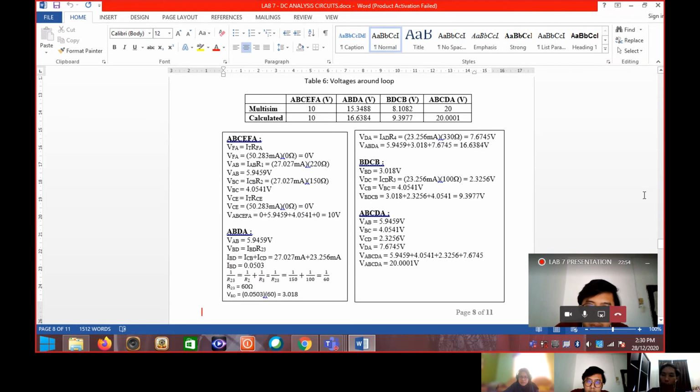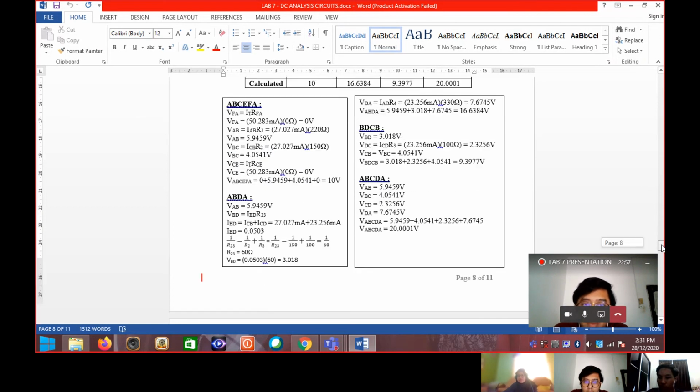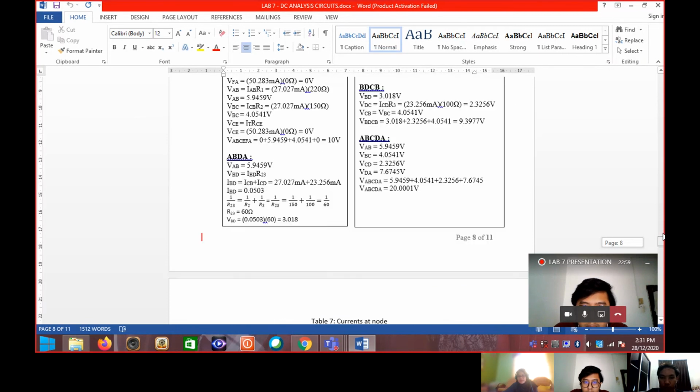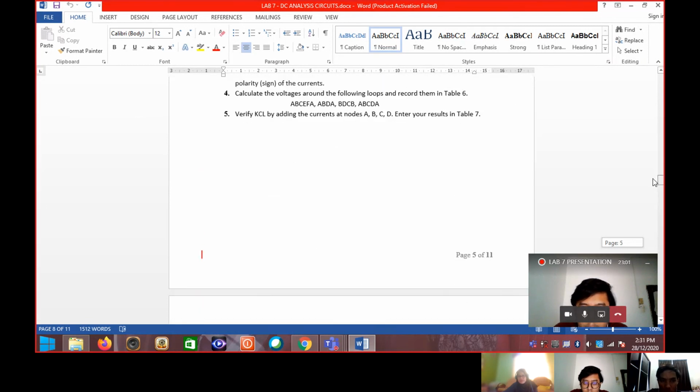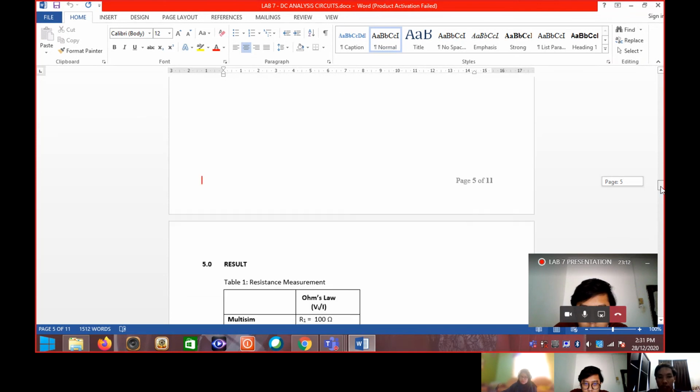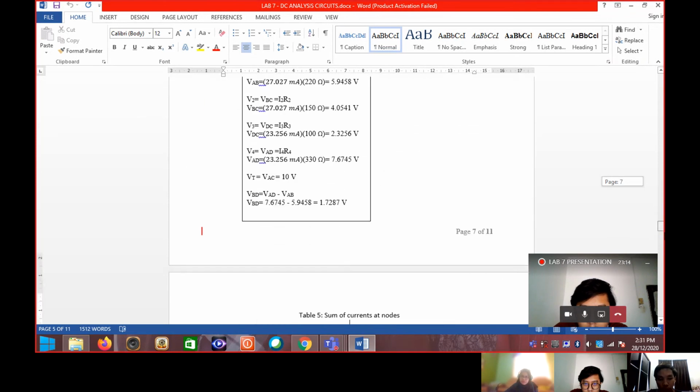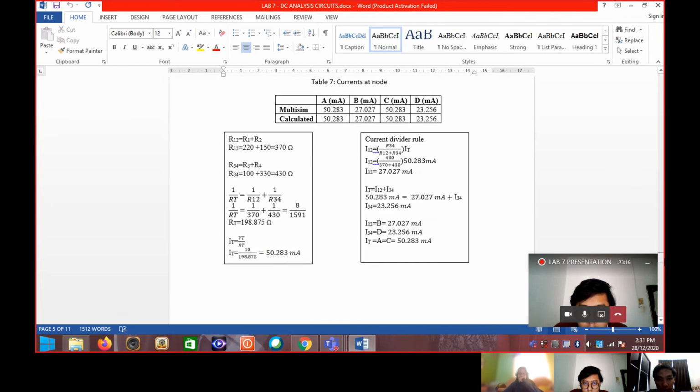For the last procedure, we need to verify the Kirchhoff current law by adding the current at nodes A, B, C, D. If we add the current at nodes A, B, C, D, we will get the value here in the Multisim section.